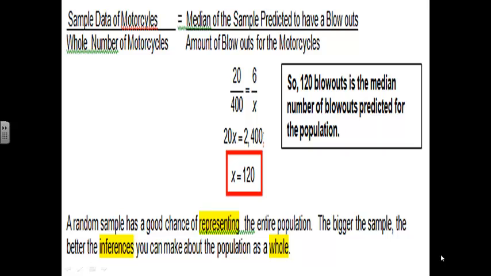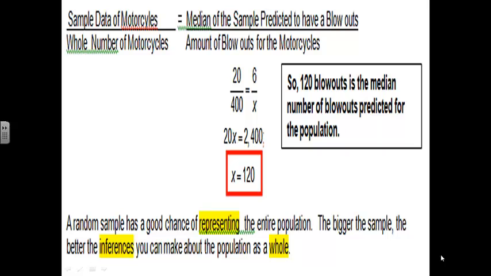The sample data, if you look at the first part of that proportion, is the sample of 20 over all of the motorcycles, which is 400. And we know that the median of the sample predicted to have blowouts is 6, but we don't know how many blowouts are predicted for the whole amount.